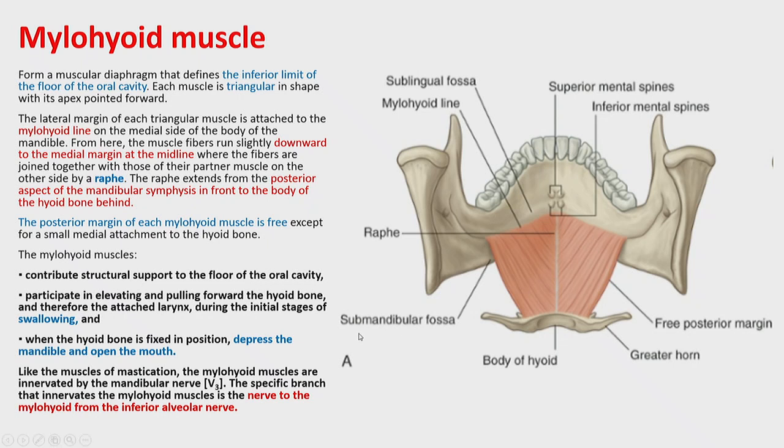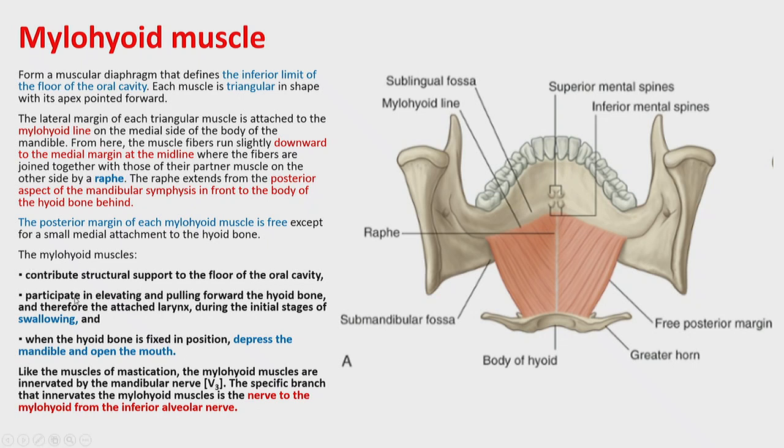The suprahyoid muscles are depressing the mandible and opening the mouth, as we mentioned in the TMJ. Yes, the group of the suprahyoid muscles are making a depression or opening of the mouth, together with the initial function of the lateral pterygoid muscle, which is attached to the articular disc and capsule.